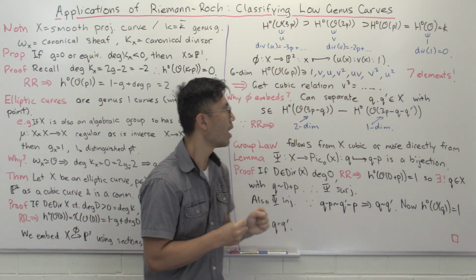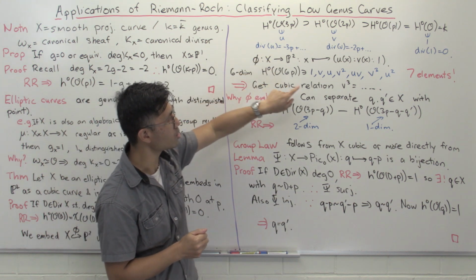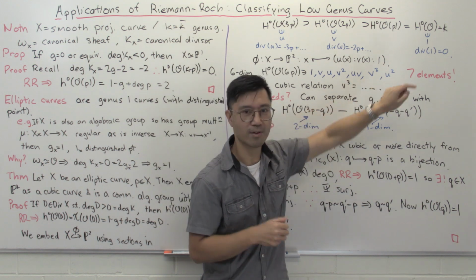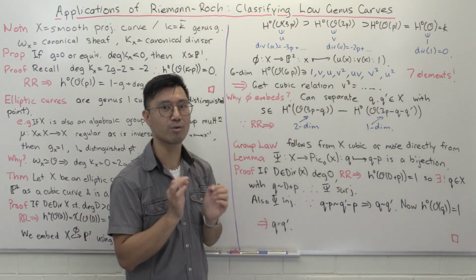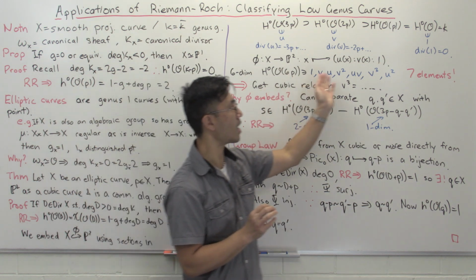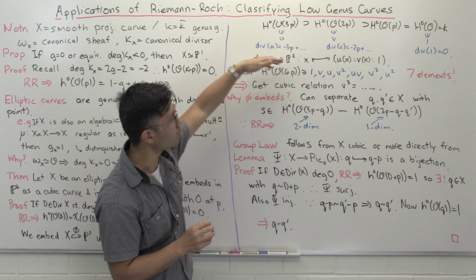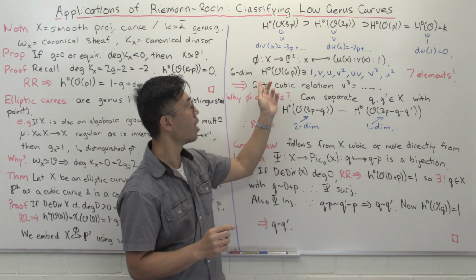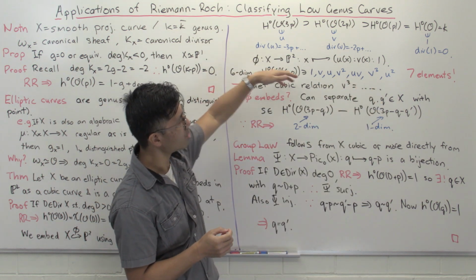Inside this 6-dimensional space, you have 1, 2, 3, 4, 5, 6, 7 elements. So that's telling you that there has to be some linear relation amongst these elements. This is from Riemann-Roch. We know this is 6-dimensional, it's not 7-dimensional. So there has to be a relation between them, and it's quite easy to see what the relation has to be of the form.